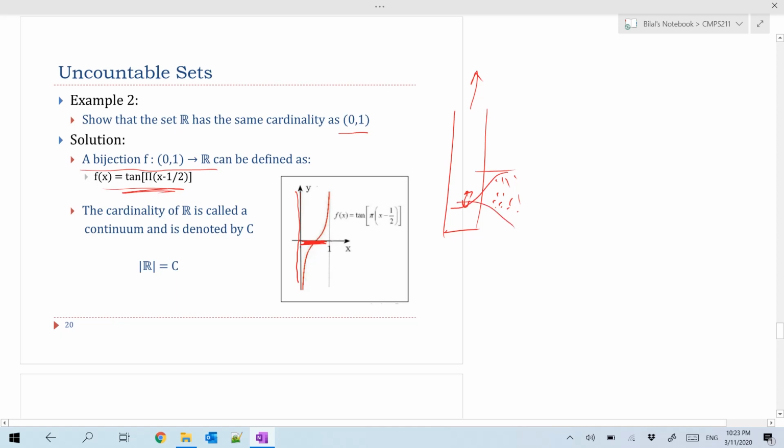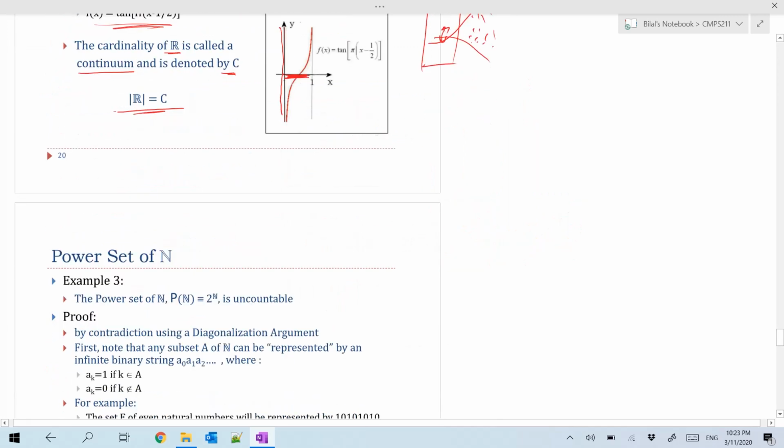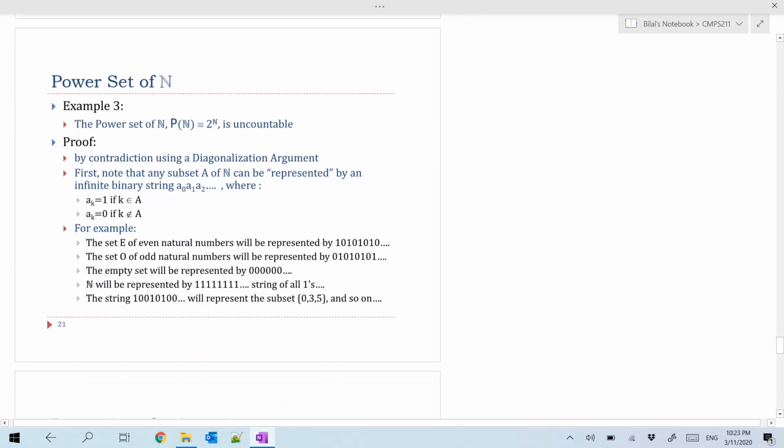Okay, so this makes your elements uncountable, not enumerable. So you cannot list them, you cannot enumerate them. And this is why we say that the size of this set R is called the continuum and is denoted by C. Okay. Well, we have another example to show you about another set that is uncountable.